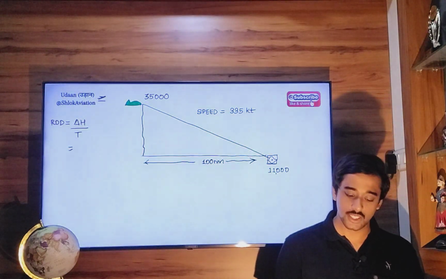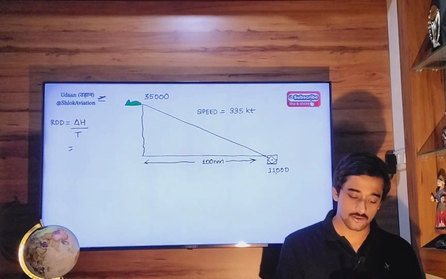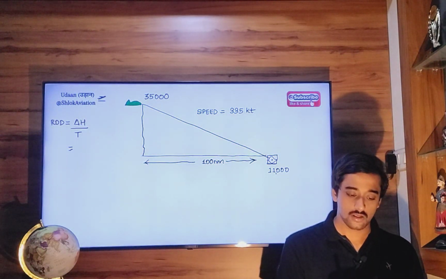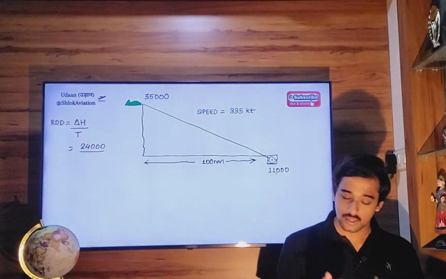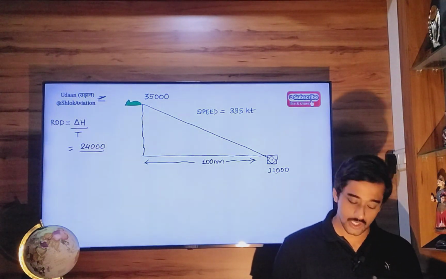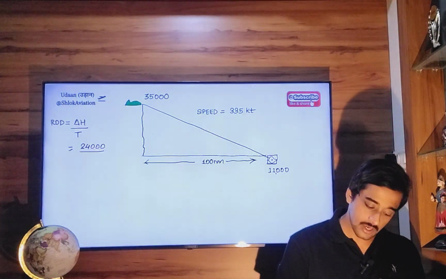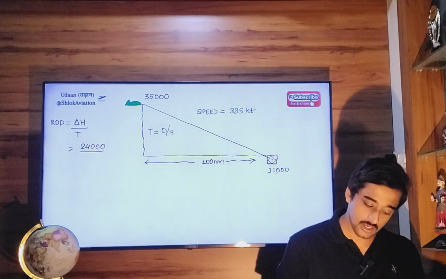Now change in height: 35,000 minus 11,000 is equal to 24,000, divided by time taken. Now you have speed, you know the distance, you can calculate time. Time equals distance divided by speed.